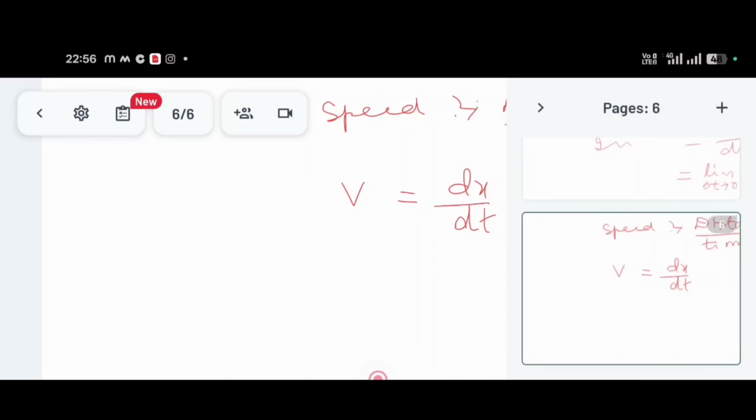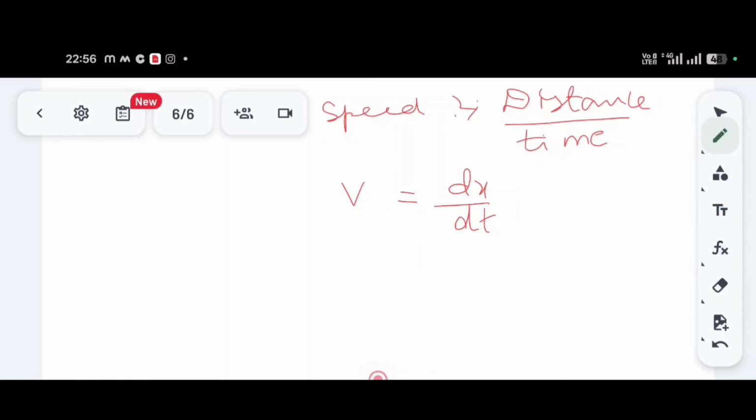My mistake, I apologize. Again, instantaneous speed we can take as the limit of delta t tends to 0 of delta x upon delta t, which is equal to dx upon dt.